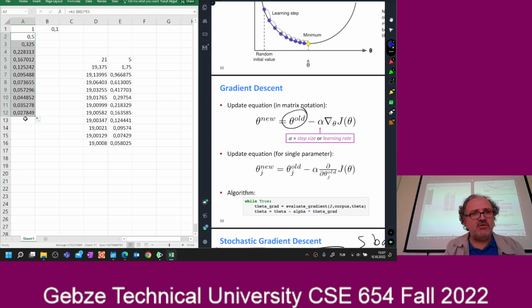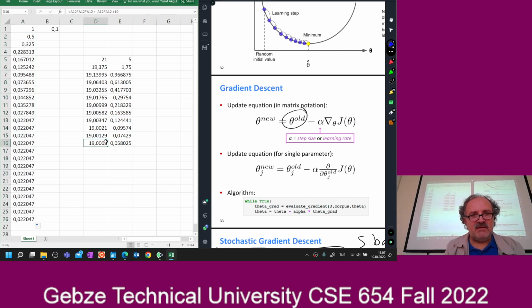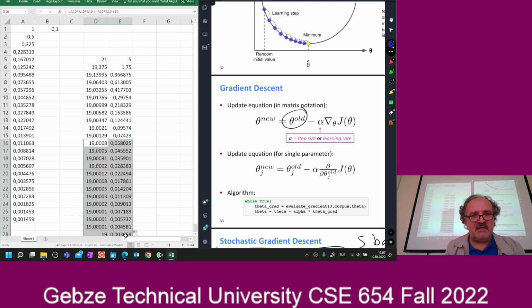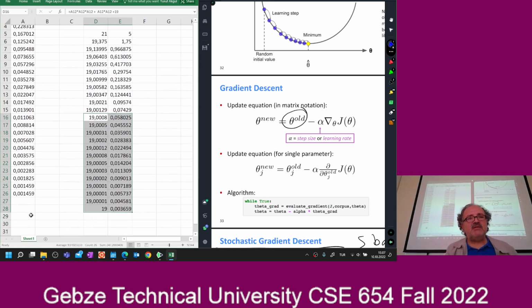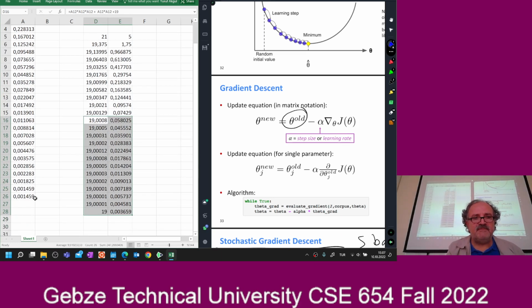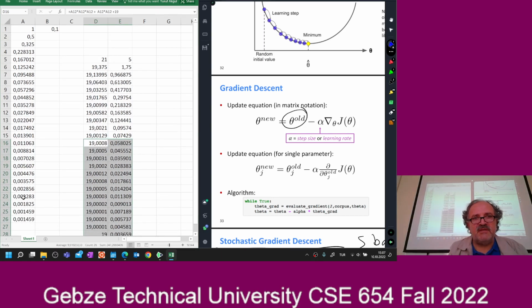I think just pull it down like that and do the same thing here and pull it like that. It's getting smaller and smaller. It's getting towards 0, right? 0 is the minimum of it.